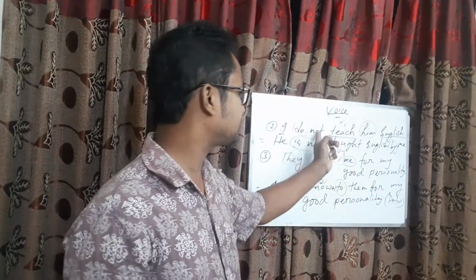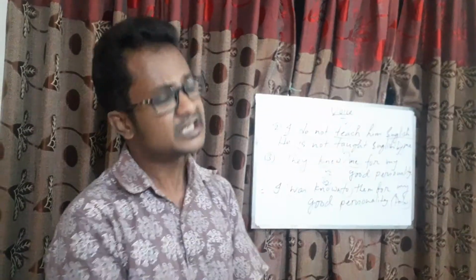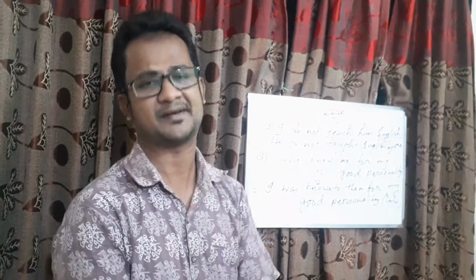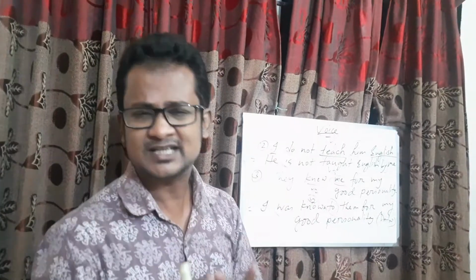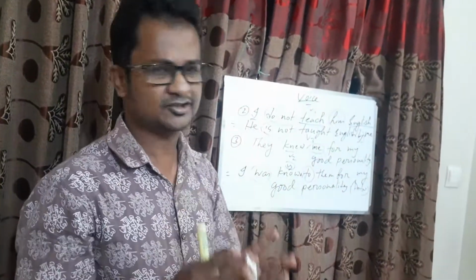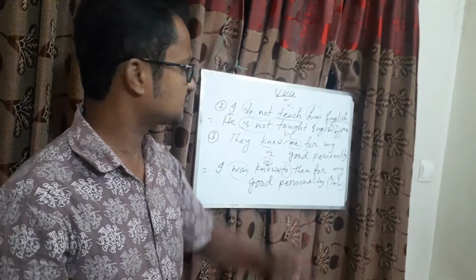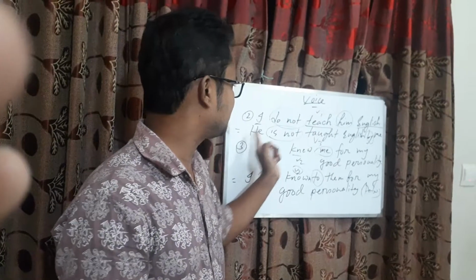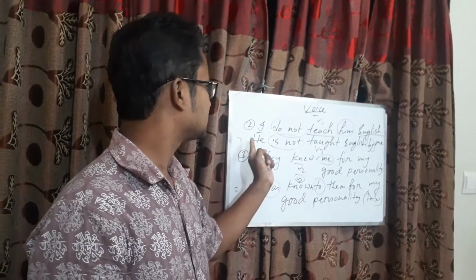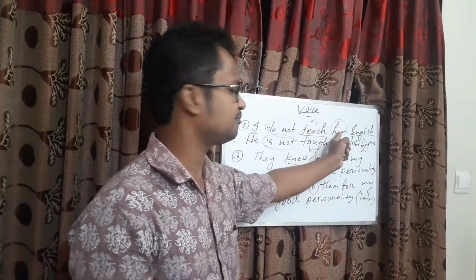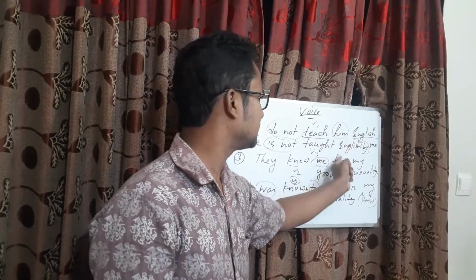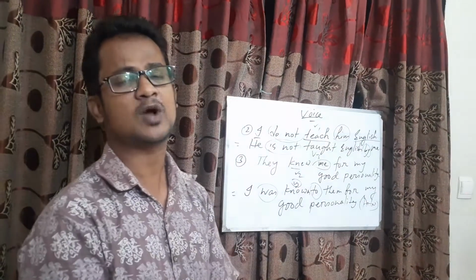Because after do not, does not, or did not, you will always use B1. I am repeating it again. After do not, does not, or did not, you have to use B1. So the B1 of taught will be teach, and then the subject will be the object. The objective form of he is him, and then the extension will be written in the same way as it was.